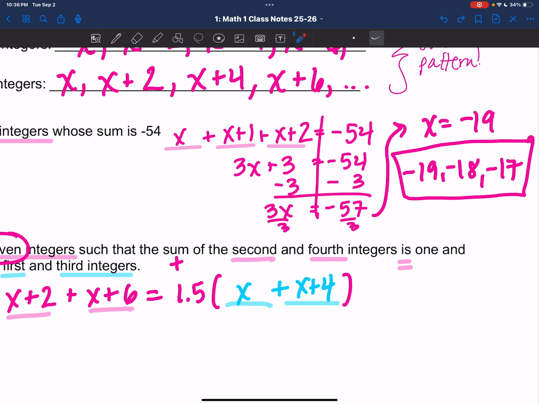That cancels out, so I've got 3x equals negative 57. Divide both sides by 3, and that simplifies, and it gives you x, and then this is equal to negative 19. So if you were to do this, this is x, oops.